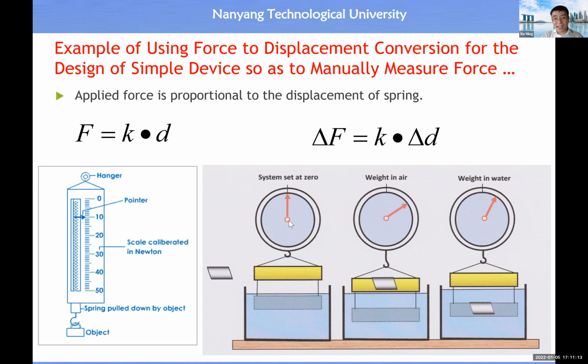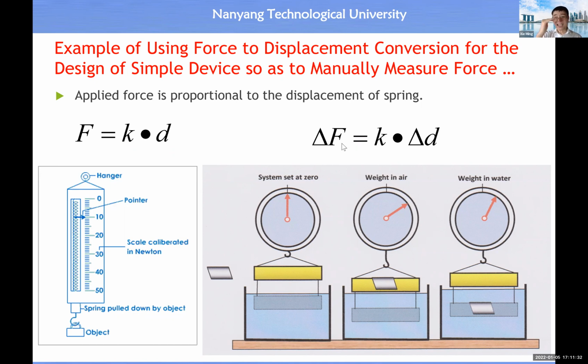So, for example, we have this equality because for a spring, the elastic force is proportional to the displacement with respect to the neutral position. Then, how about variation? We can also have this relationship, right?